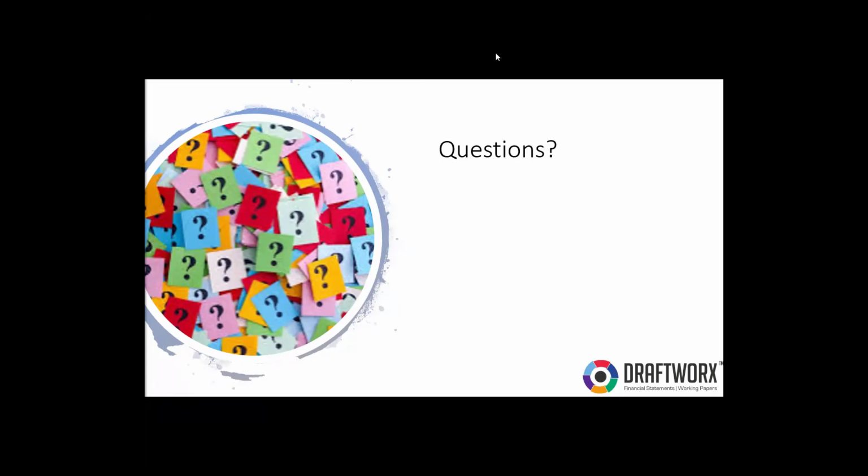I'm now going to stop screen sharing to see what the questions are. All right, I see that there was a comment. So approach 2, that means testing the model, testing how management did the estimate and the assumptions and the data used.